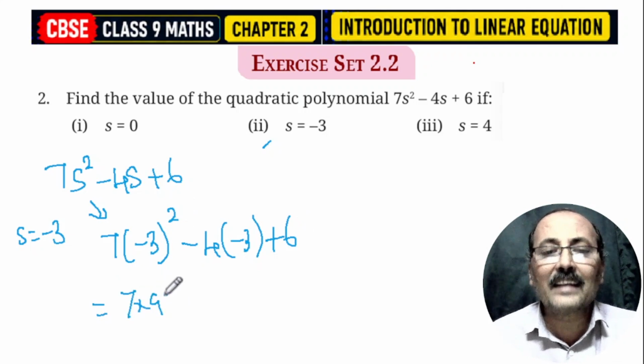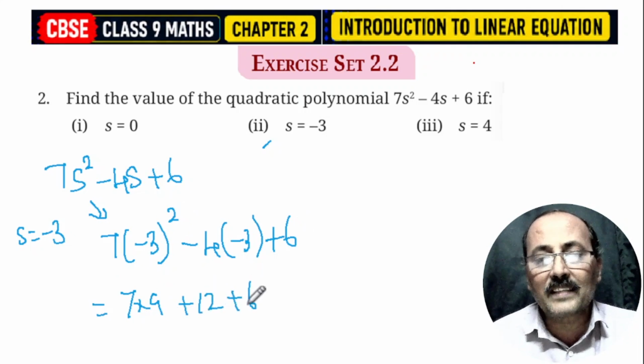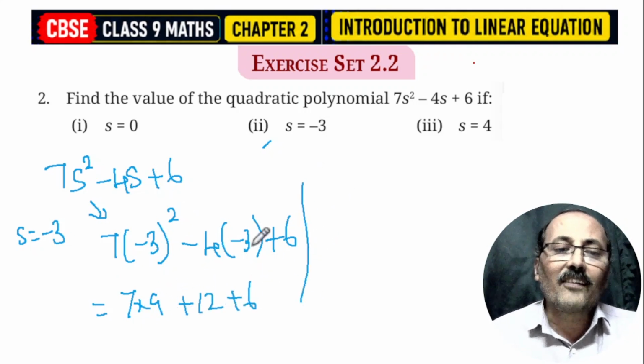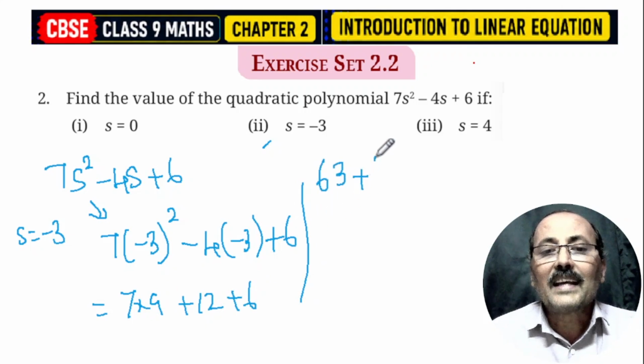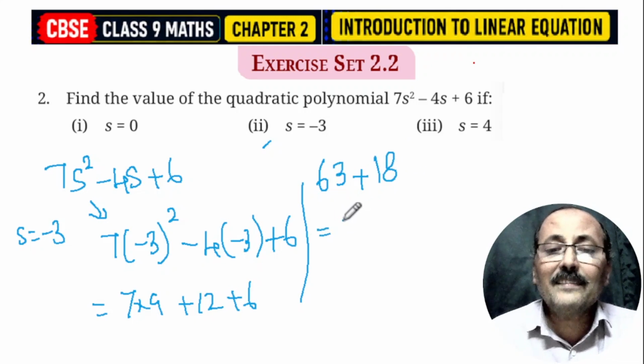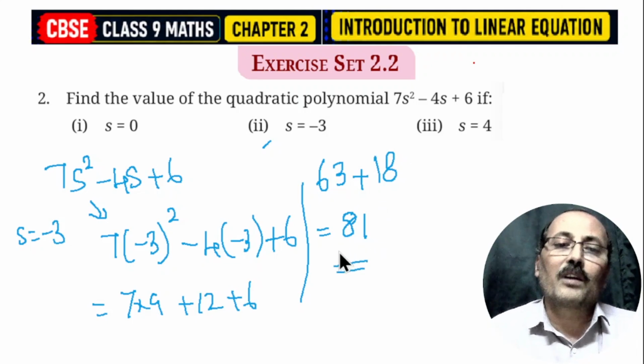So 7 into 9, minus 4 into minus 3 is plus 12, and plus 6. 7 nines are 63, plus 12 plus 6, that is 18. Now add it: 63 plus 18, that is 81. The answer is 81. I hope you are able to understand.